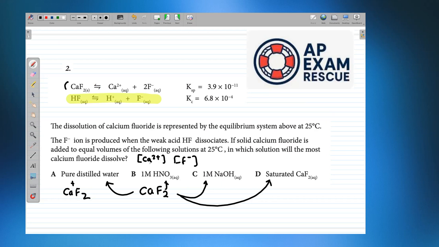So let's take HNO3. What happens when you add an acid like HNO3? HNO3 is going to break down into what? H plus and NO3 minus. How do we form the conjugate base from the acid?